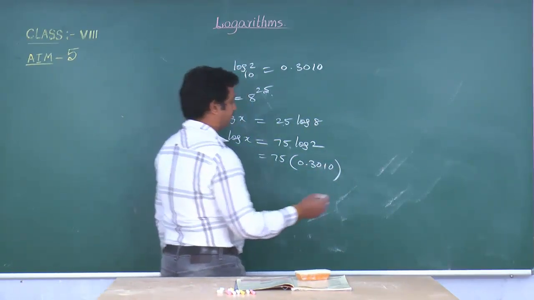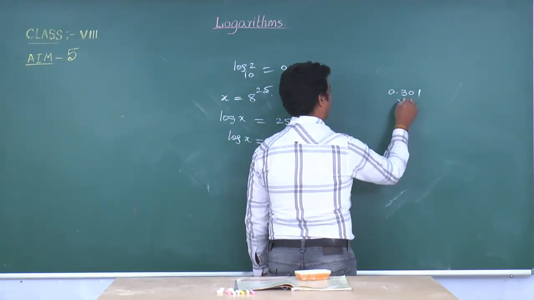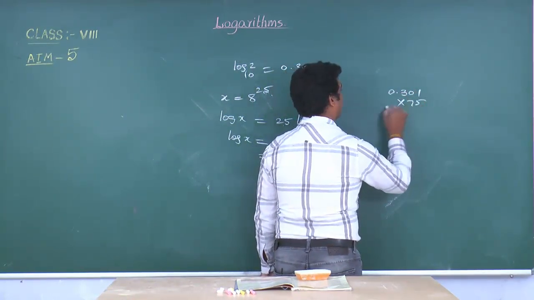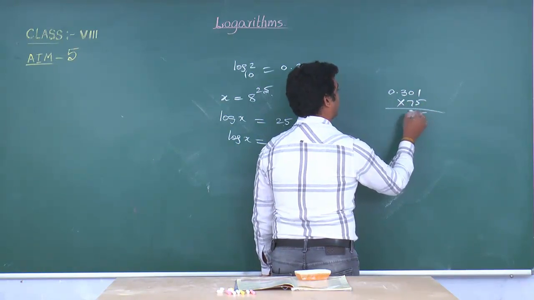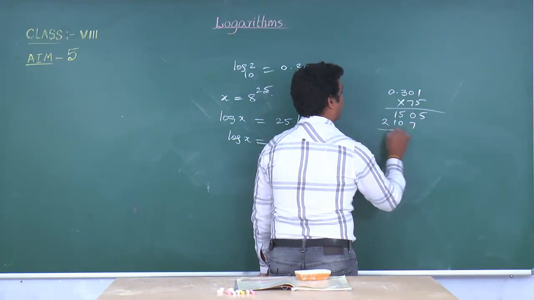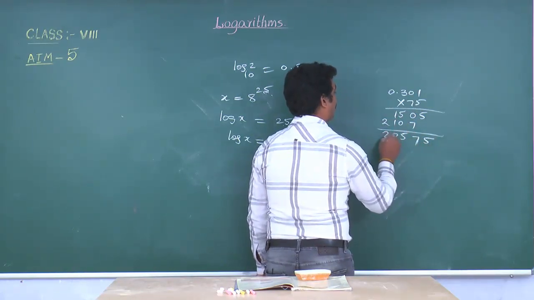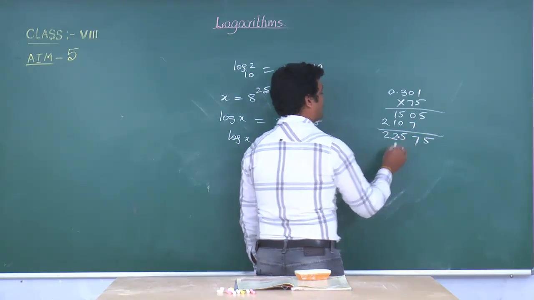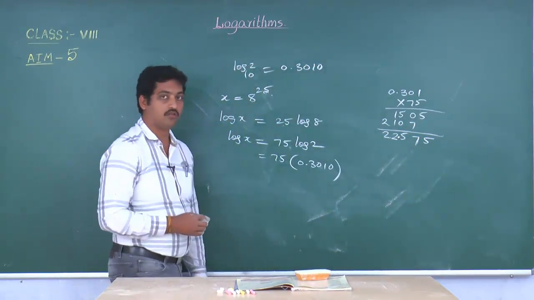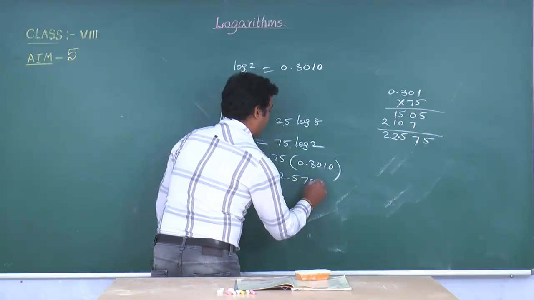Multiplying 0.301 into 75, we get 22.575.